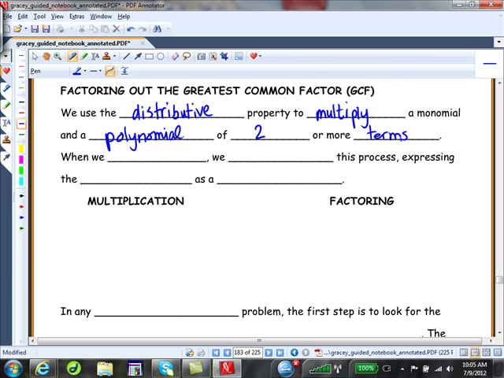When we factor, we reverse this process. So we're using the distributive property backwards, and we express the polynomial as a product.